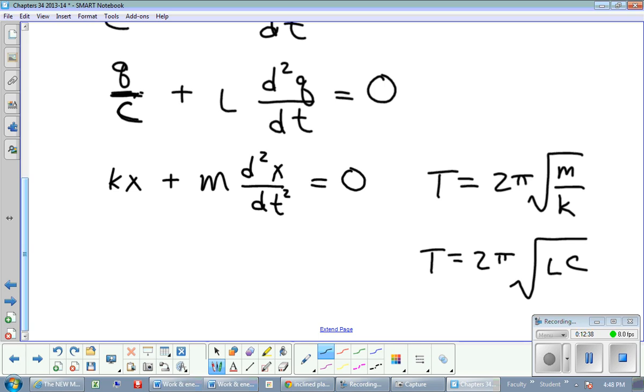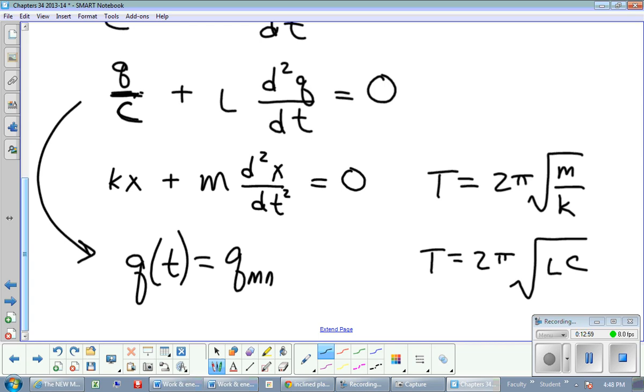Well, what I'd like to do here is actually go back to the Q equation and say, well, what could we write as a function? Q is a function of t. What we're writing here is how much charge is on the capacitor at any particular time. And we write this as the maximum Q, that's what we started with, times the cosine of omega t. It's a function of time.